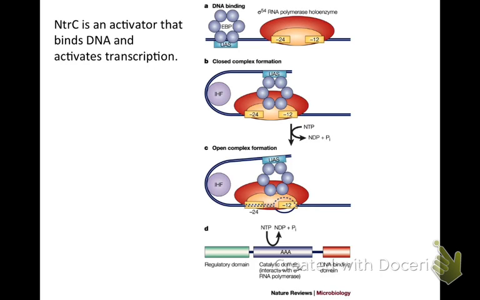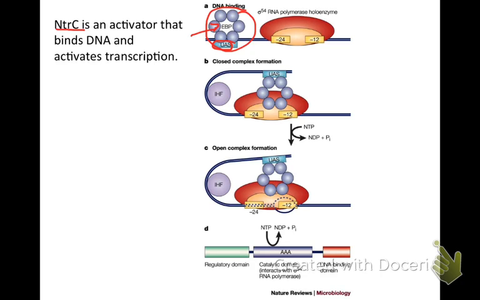So here's NTRC, it's activated, and it's shown over here. It's called an enhancer binding protein in this image because it actually shares some similarities with eukaryotic enhancer binding proteins, and they all have in common the fact that they bind to an upstream activating sequence, a particular DNA sequence recognized by the protein.